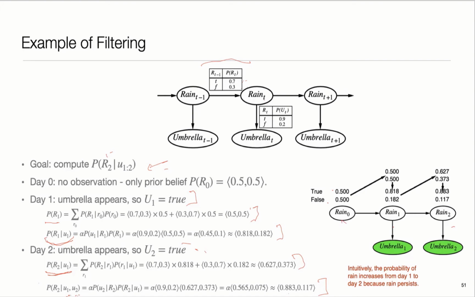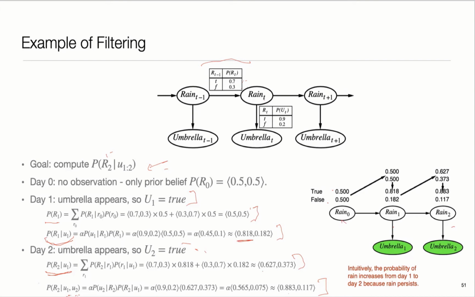Intuitively, what is happening is, if you notice here, we had said that the probability that it is raining outside is going up because we are seeing an umbrella on 2 consecutive days.